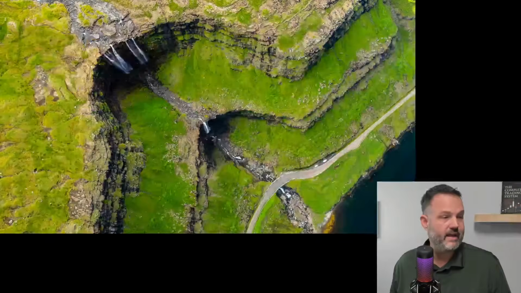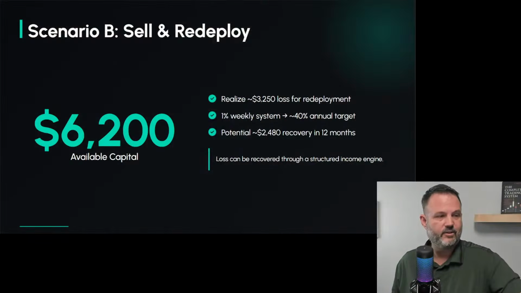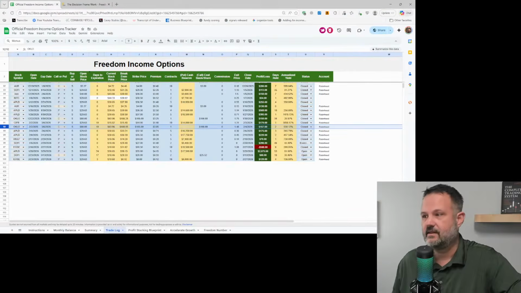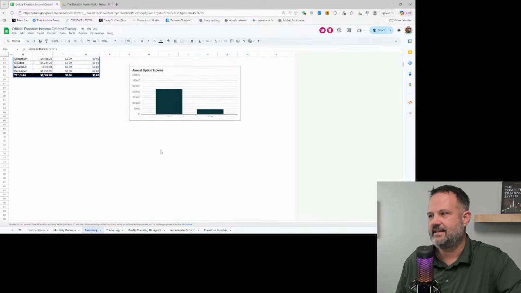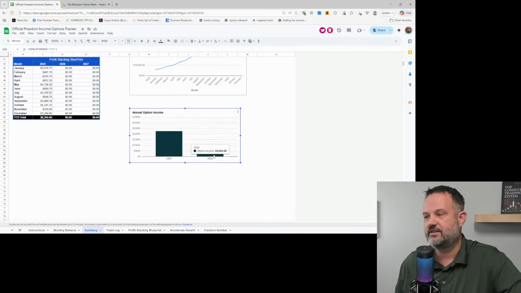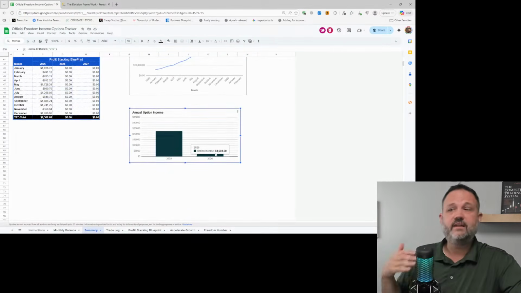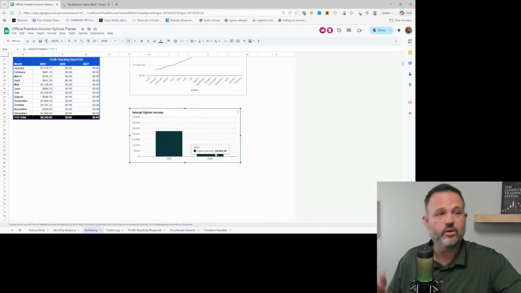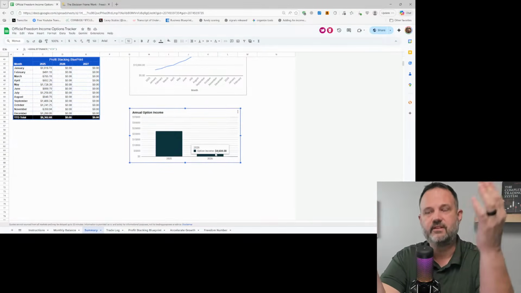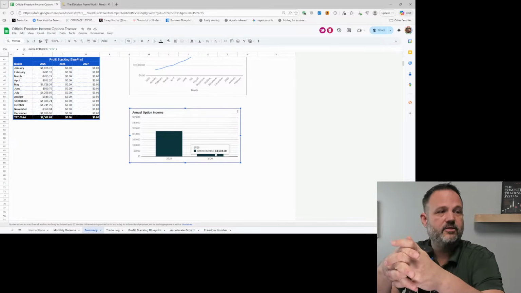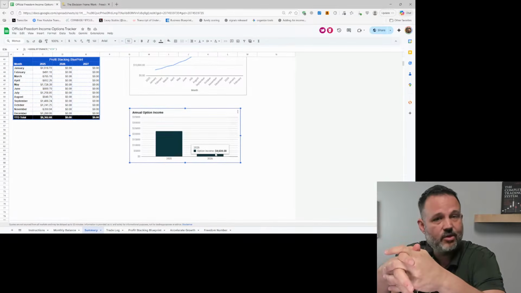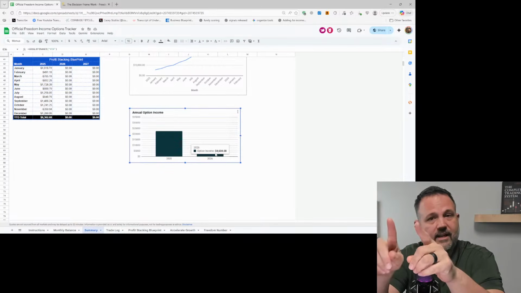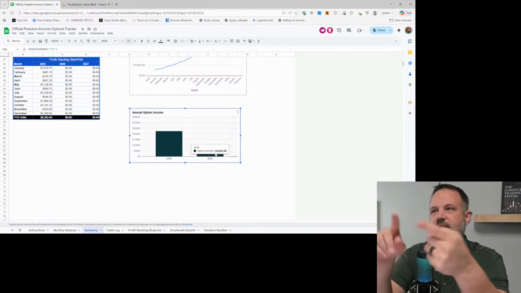And if we look at the spreadsheet, we know that we've already generated year-to-date annual income of $4,600. So if we took that loss, we're still in profit on the year. Sometimes when the market goes down, we take these losses, and that's okay, because we're thinking strategically. Why is it okay? Because we're going to continue to create revenue.